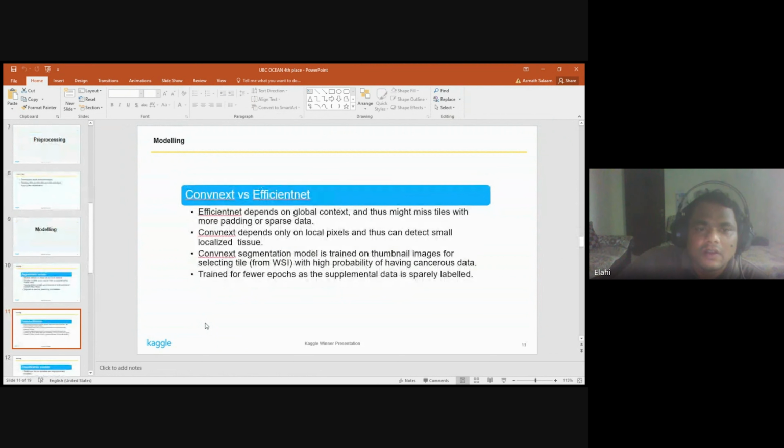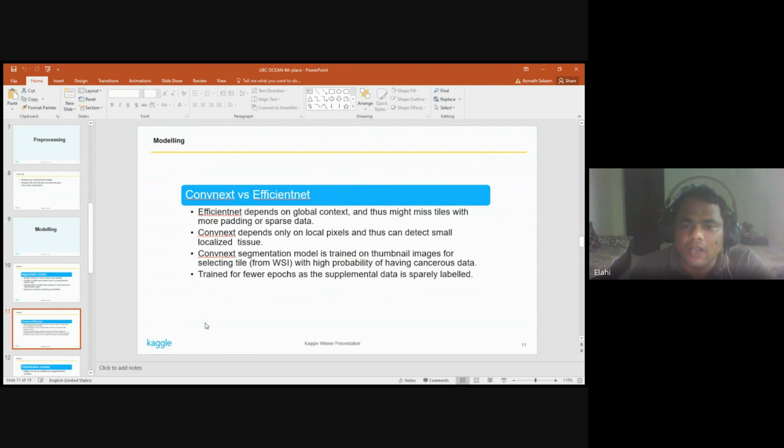For selecting the tile with the most cancerous part in the WSI, I have used a ConvNeXt model. EfficientNet models depend on the complete context of the image. If the tile has more empty field, then it might not detect the small part of the tissue in the tile. ConvNeXt doesn't have that problem.